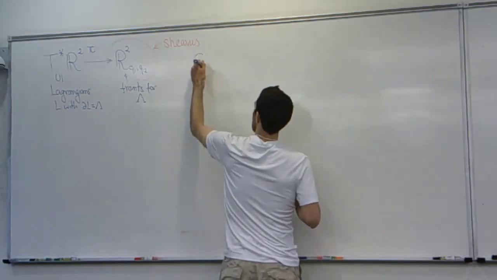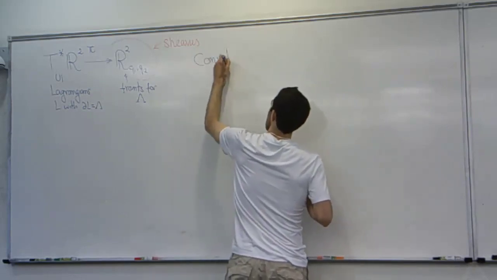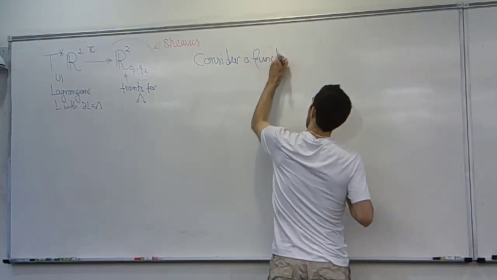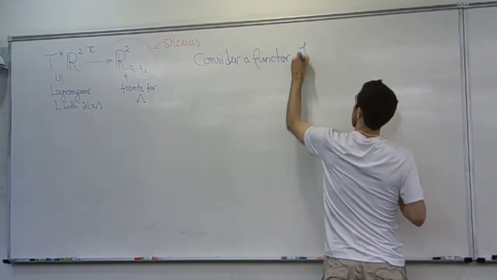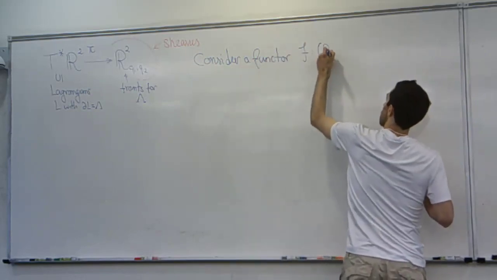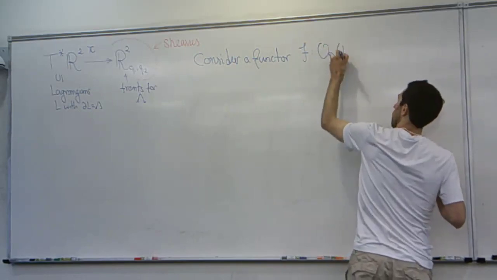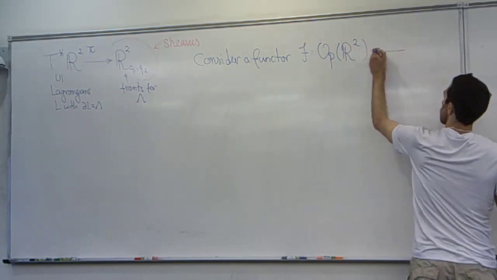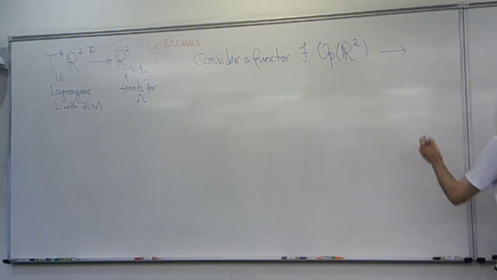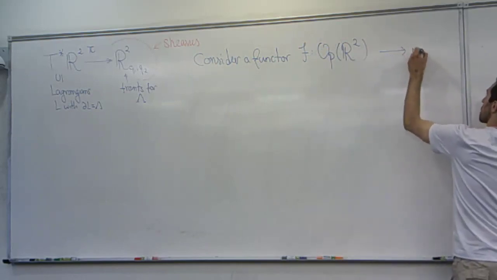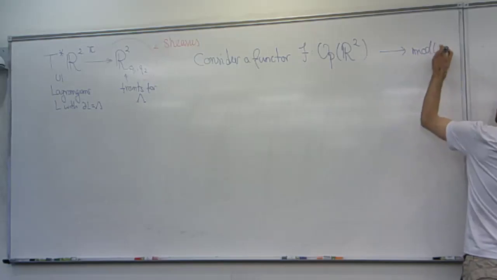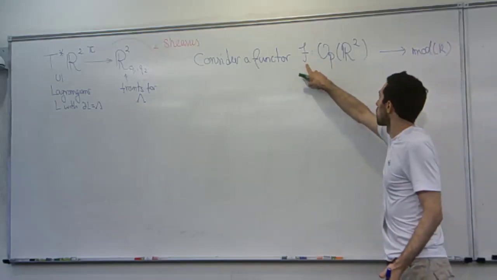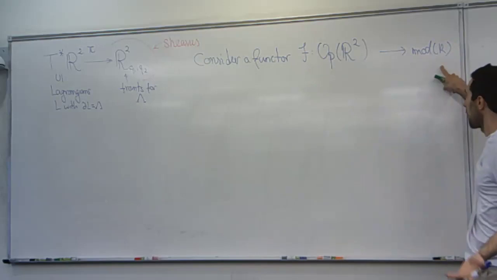So definition, first construction: you consider a functor F from the category of open subsets, in general for some analytic manifold M, in this case R2, into some coefficient category. In this case, the coefficient category I said I'm going to take to be mod K. In general, you would talk about sheaves as certain functors from this category to some other category.